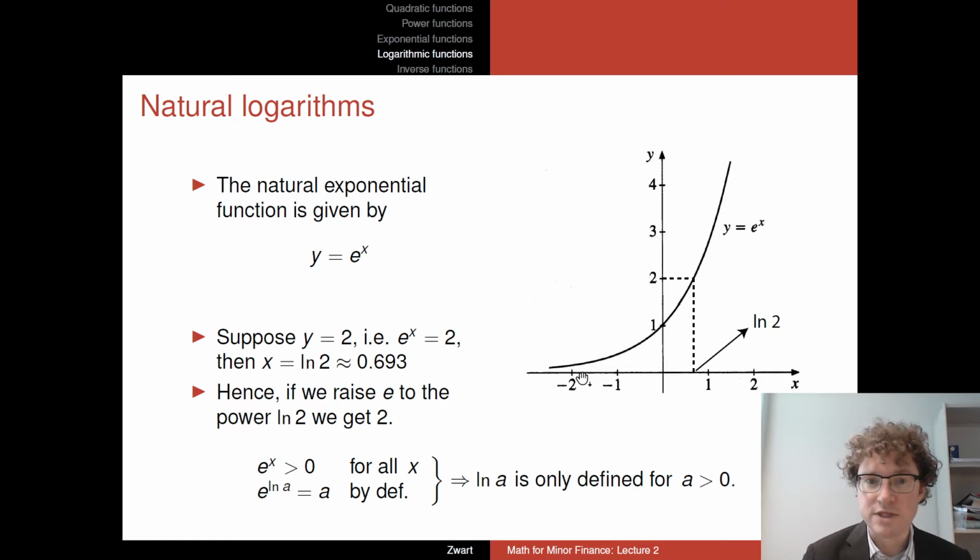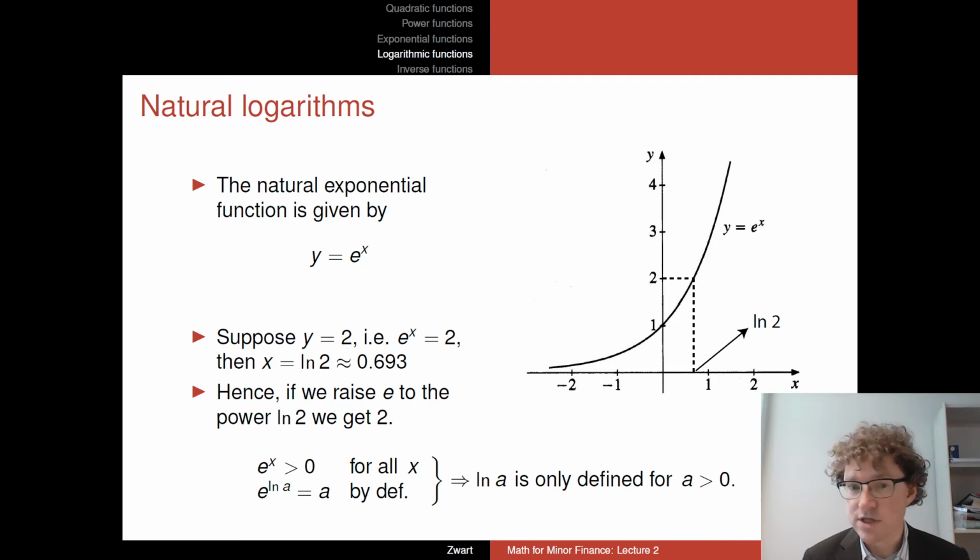So what we learn from this is that ln of 2 is more or less 0.7, or here is a little more precise answer, 0.693 as an approximation of the log of 2. So log of 2 itself is the exact value, and we can approximate it up to any number of digits that we would like. If we raise e to the power log 2, then we get 2.